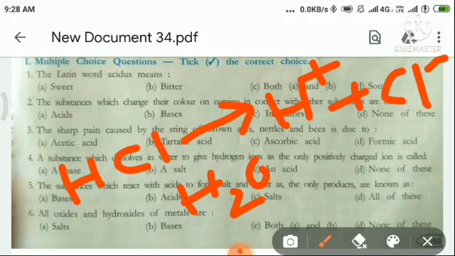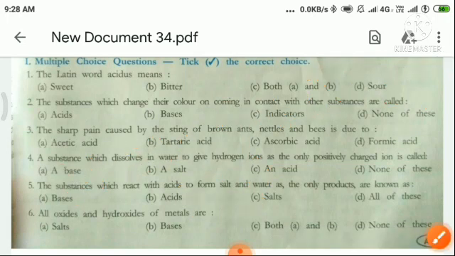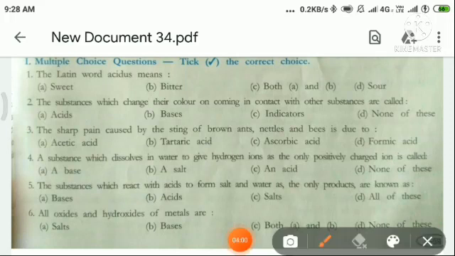When it is dissolved in water, we get H+ and Cl- ions. So the substance which dissolves in water to give hydrogen ions as the only positively charged ion is called an acid.